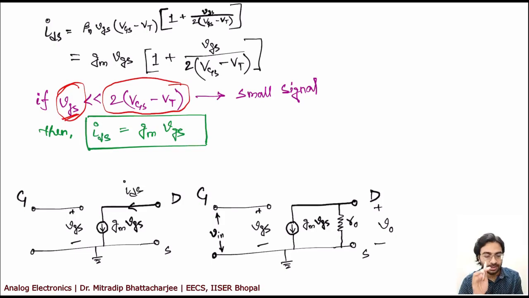If you take a typical VOV value as 200 millivolt, which means this VGS minus VT, so more or less 20, 30, 40 millivolt you can go, but in case of BJT you cannot reach up to that level because your input value should be less than 26 millivolt in case of BJT. However, this product GM VGS value will always be less in this MOSFET case.